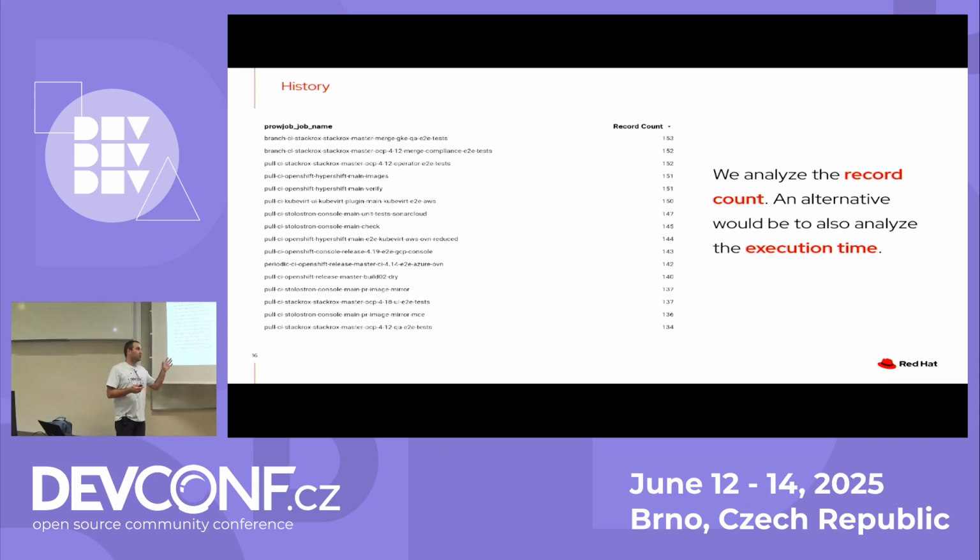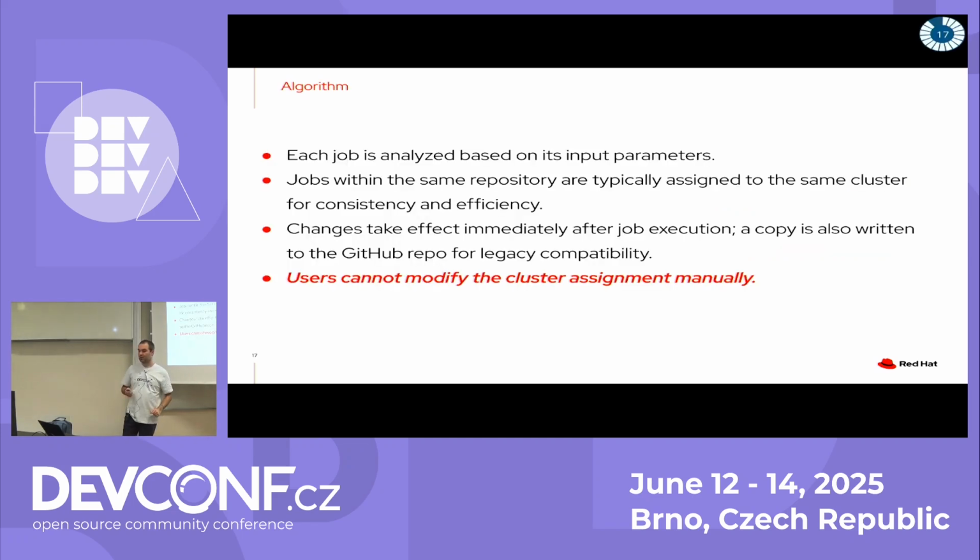But if you want to have a more sophisticated algorithm, you could also analyze execution time and count that into your equation, into your algorithm. So generally, what the algorithm is doing is analyzing input parameters, and jobs within the same repository are typically assigned to the same cluster. This is also an input to the algorithm. It's more efficient to have everything on one cluster.